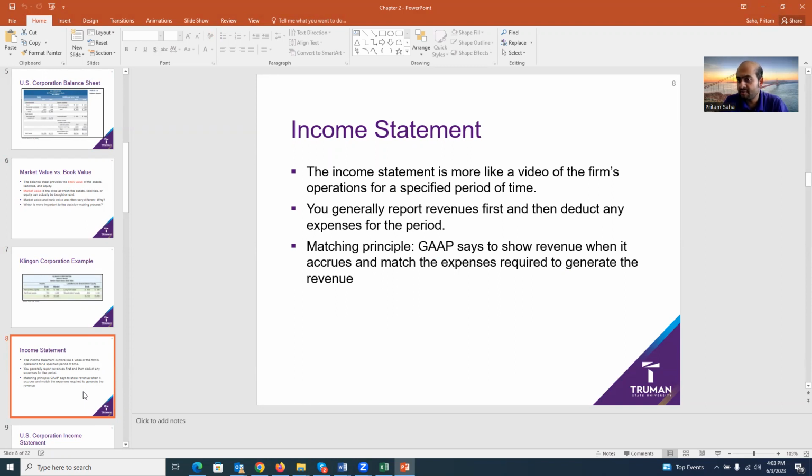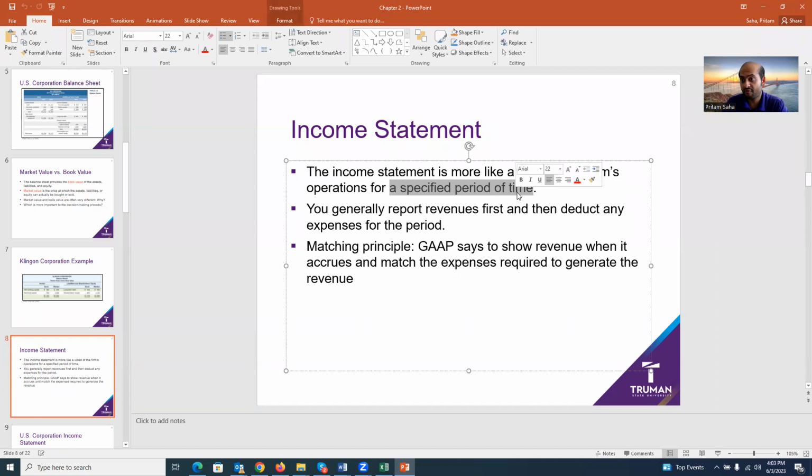Do you want to make the income statement for 1 year, 6 months, 3 months? So income statement will record all the income, all the expenses that has been generated or accrued during this 3 months, 6 months, or 1 year period. It's not in point in time, it's over the time for the entire period. So it's a video of the firm's operation for a specified period of time, okay?